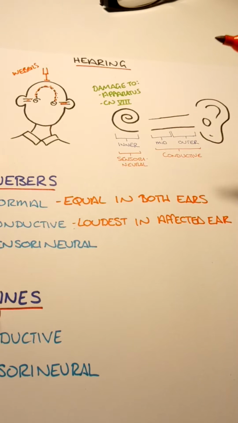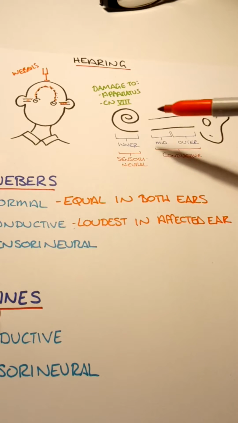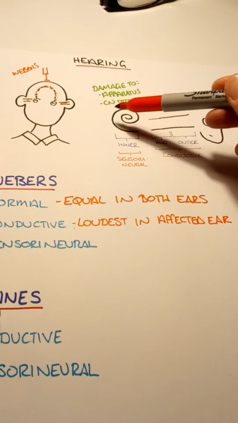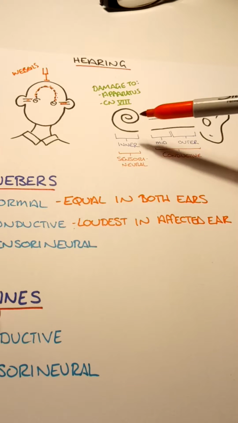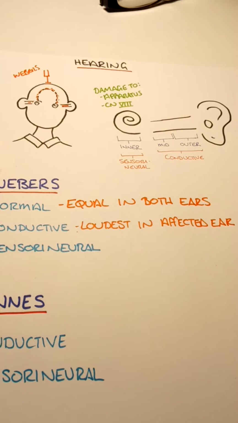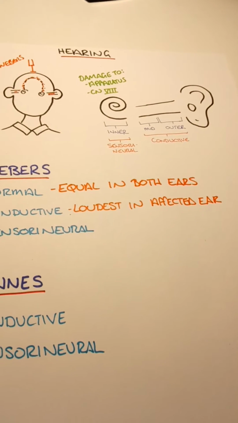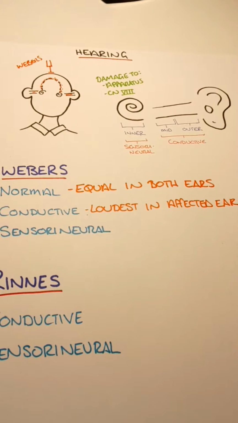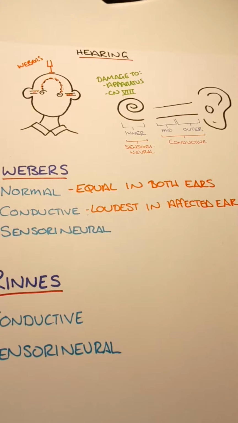And also, because of the loss, there is an upregulation of the inner ear to compensate. So those are two hypotheses as to why it's loudest in the affected ear for conductive hearing loss.